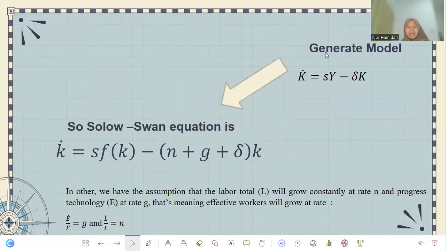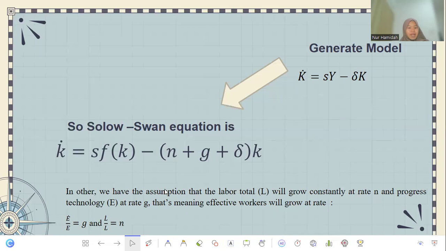So from the formula, we have the general model, where k-dot is investment minus depreciation per worker. For the Solow-Swan equation, we have investment minus population growth, minus technological progress, and minus depreciation.